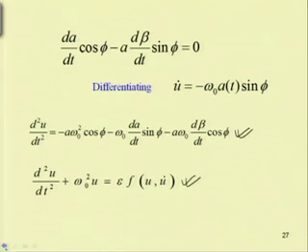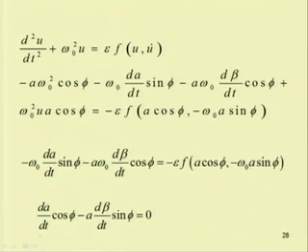So for u we have substituted a cos phi, and for u dot we have substituted minus omega 0 a sin phi. This is the point to be noted.